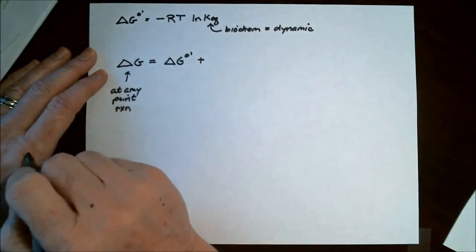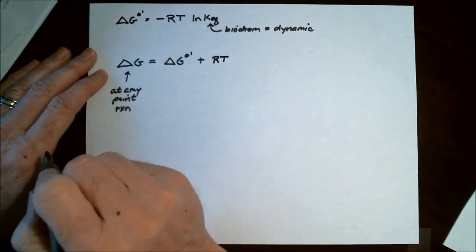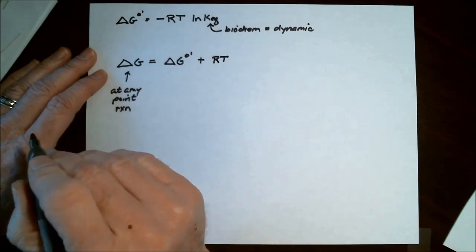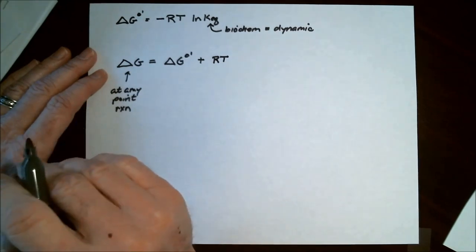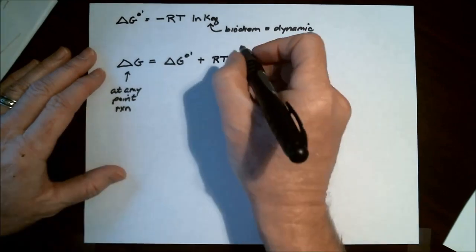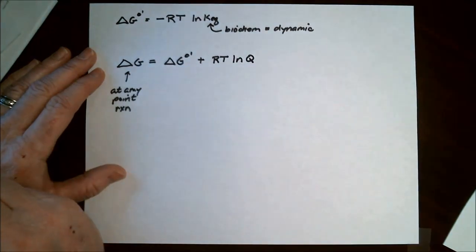And now we are going to add a term that will take into consideration the concentration of substrate and product at any given time during the reaction as it's trying its best to achieve equilibrium. And that's this term plus RT log of Q.